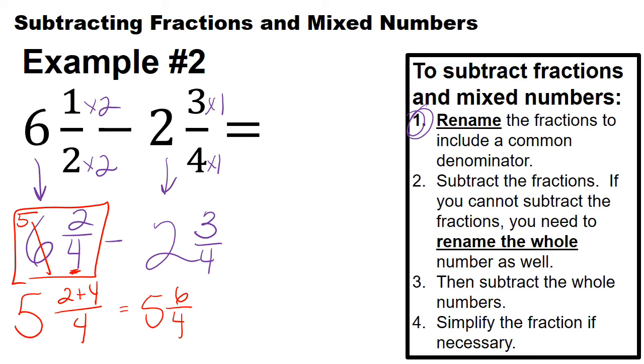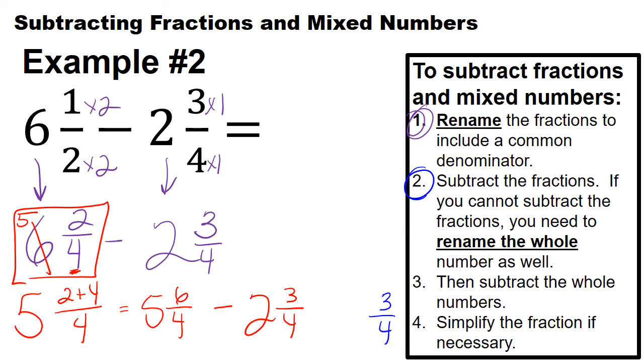And you go, wait a second, that's an improper fraction there. Because what we need, though, is we need this improper fraction if we're going to take away 2 3/4. So now, because we borrowed from the whole, now we can go ahead and subtract our fractions. So 6/4 minus 3/4 is 3/4.